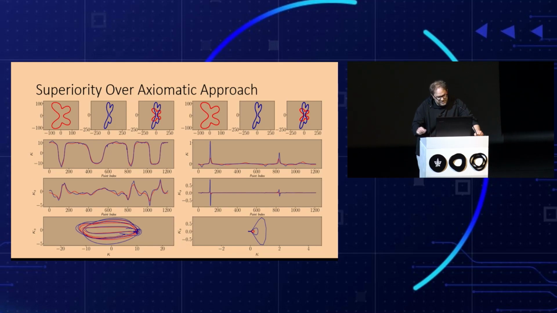And we also show that our method is superior over axiomatic approaches. So for example, we approximate the signature curve of two equivalent curves, the red and the blue. On the left is using our model, on the right is using the axiomatic, or finite differences, approach to approximate the Euclidean signature curve of a curve.